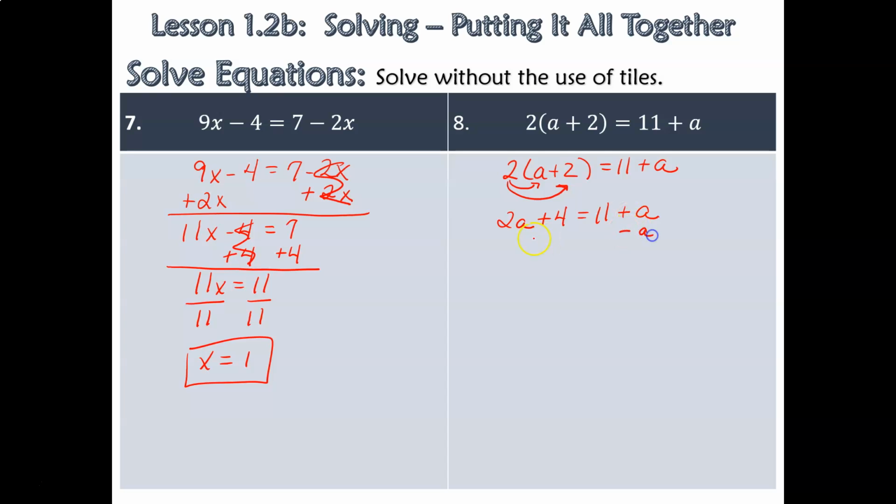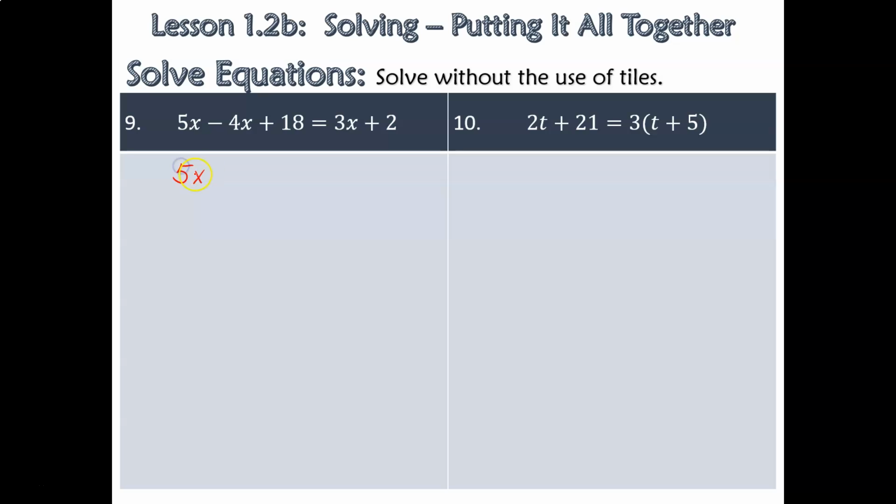So I'm going to subtract this a from both sides. You can subtract 2a too, but I think that'll be more work. So I have a plus 4 equals 11. I'm going to undo that addition by subtracting, and I have a is equal to 7. Okay, moving on.